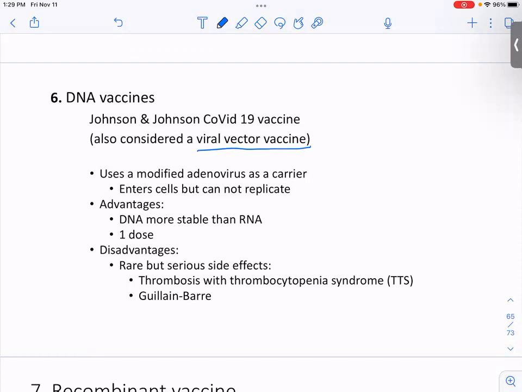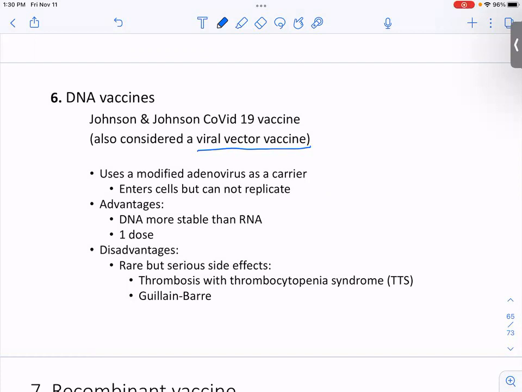It gives them a mild cold. So it was really a clever way to use that virus to deliver this piece of DNA that encoded for the spike protein. I forgot to say that about the messenger RNA: messenger RNA encodes for the spike protein and gets our cells to actually present that spike protein, and that elicits an immune response.